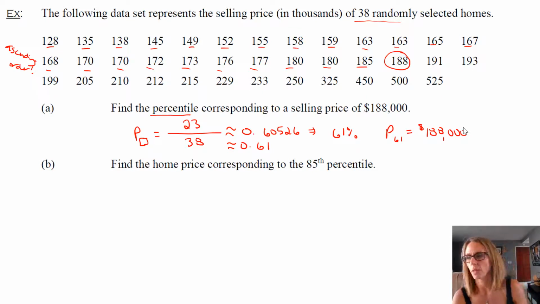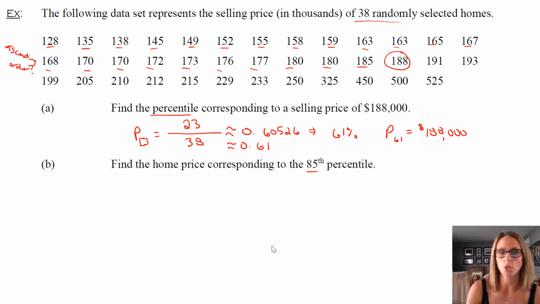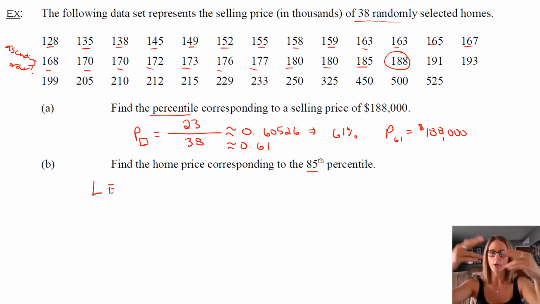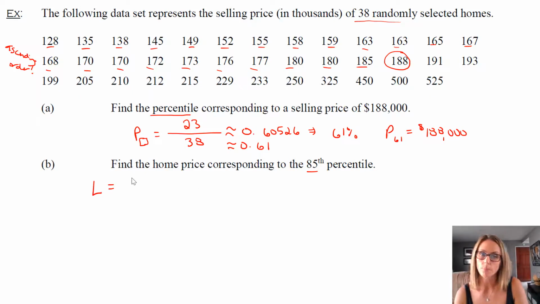That's the idea. In order to find the home price corresponding to the 85th percentile, we would follow the directions that you'll see from the top of the page here, which says that the first thing you need to do is find the locator value. It's basically telling you where to go inside your data set to find the value that you need.